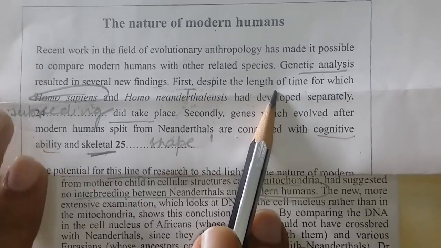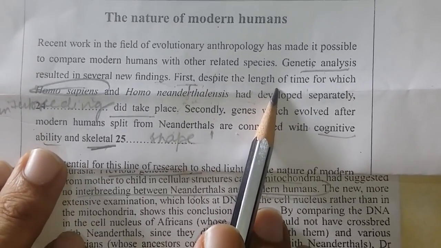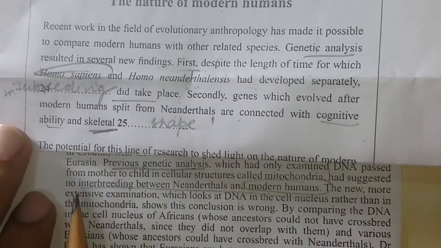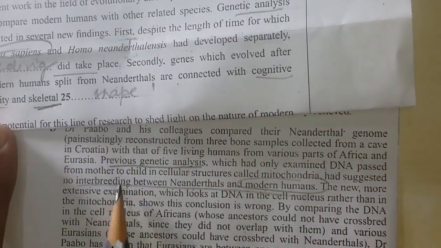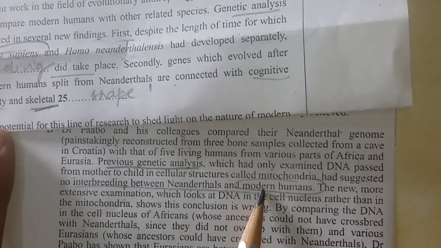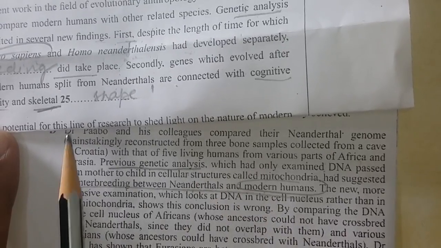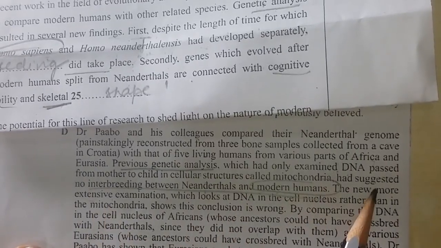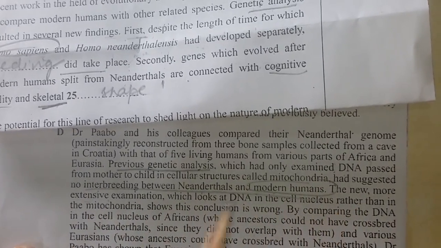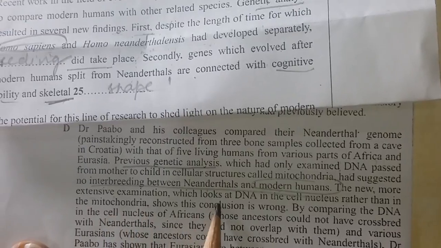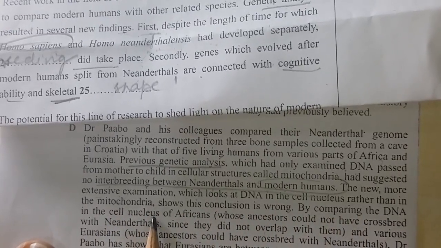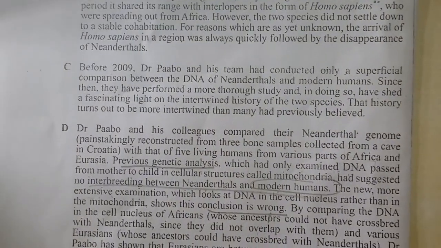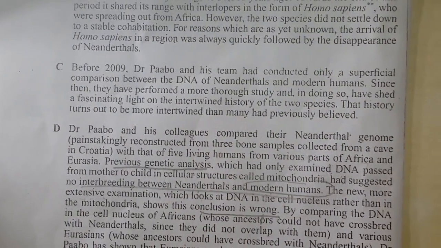Naturally, I think you understand, despite the length of time for which they developed separately, he is saying it suggests no interbreeding between this and this. The new, more extensive examination, which looks at the DNA of the nucleus rather than the mitochondria, shows this conclusion is wrong. Got it?